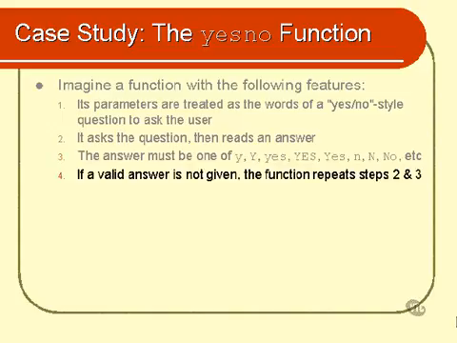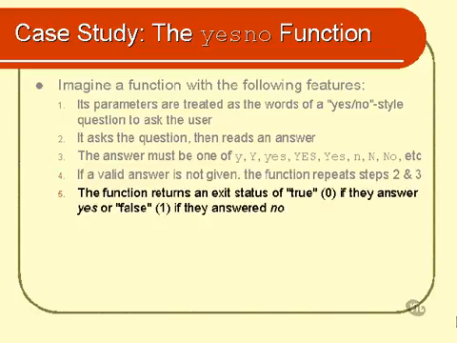Now, if they don't specify one of those answers, then it's going to go back and ask the question again until they answer a yes or a no. So finally, they will have hopefully answered a yes or a no. The function will return an exit status of true, or 0 of course, if they answered yes, or an exit status of 1, which we'll interpret as false, if they answered no.